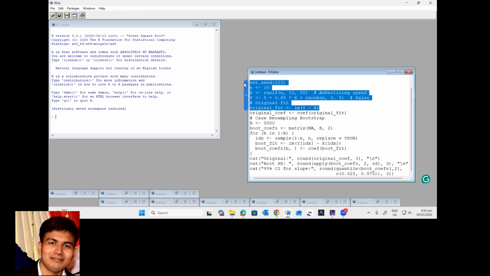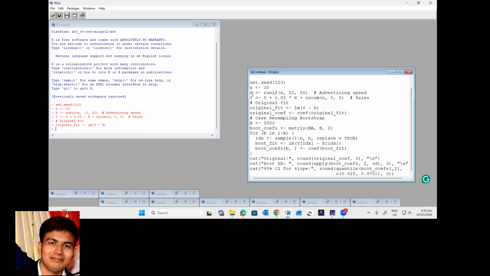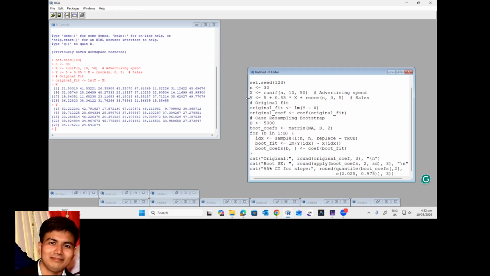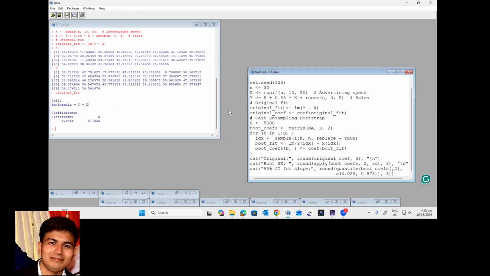Okay, we check it. So what is X? This is our X, this is our Y. So this is our original data set of X and these are our original values of Y. After fitting the original model we got the intercept 8.94 and the slope 0.733.